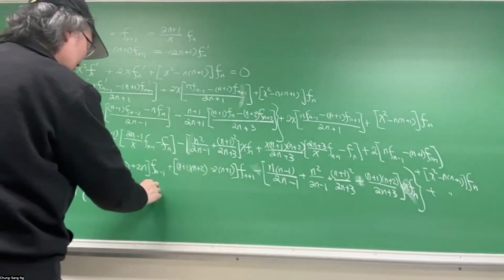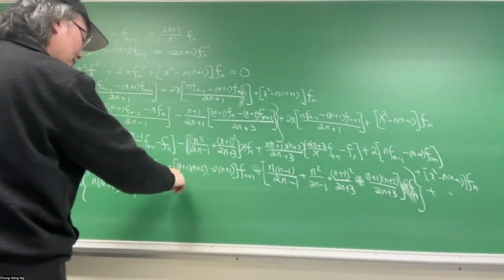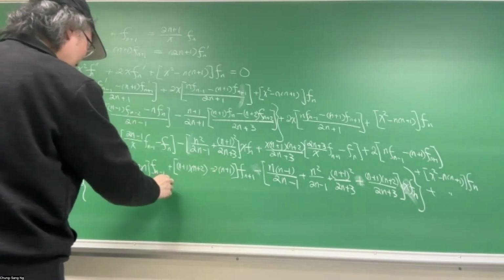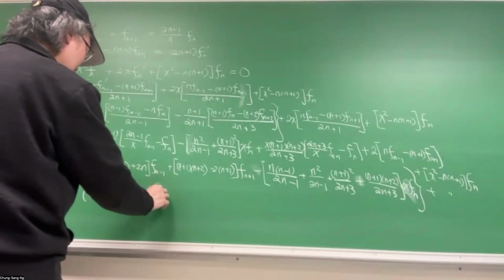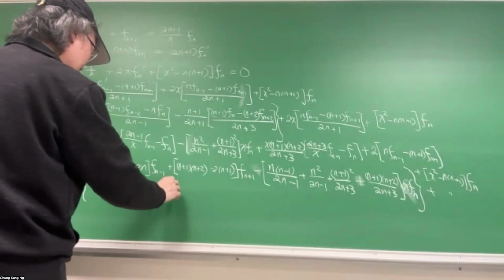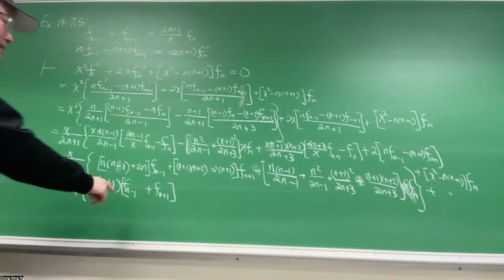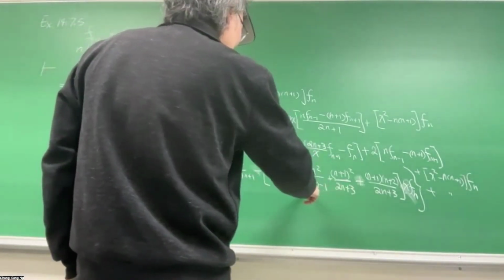And for this one, you have n plus 1. Your n plus 2 minus 2 becomes n, so it's n times n plus 1 again. So these two group together. Okay, that's nice. These two are nice.